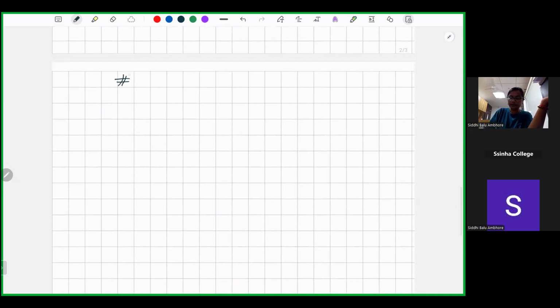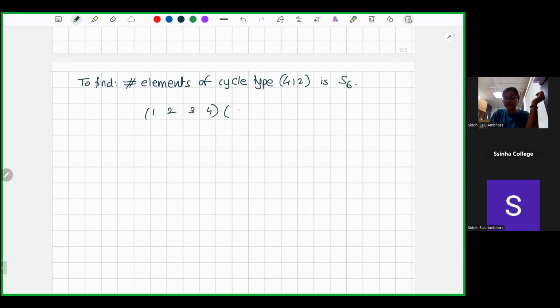For example, a 4-cycle times a 2-cycle is of cycle type 4 2.